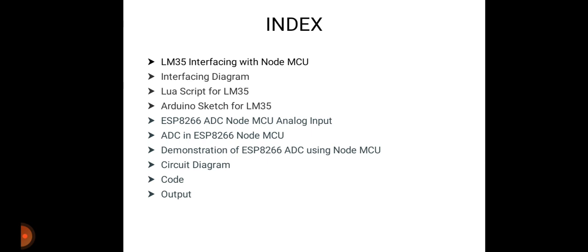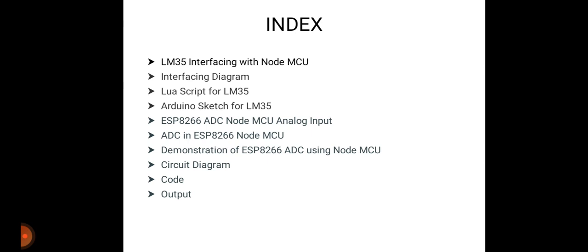Now in this lecture we are going to study LM35 interfacing. This is the temperature sensor with Node MCU. Then the interfacing diagram of this, then the Lua script for LM35. Lua script is nothing but a programming language in which we write a program for our Node MCU temperature sensor.